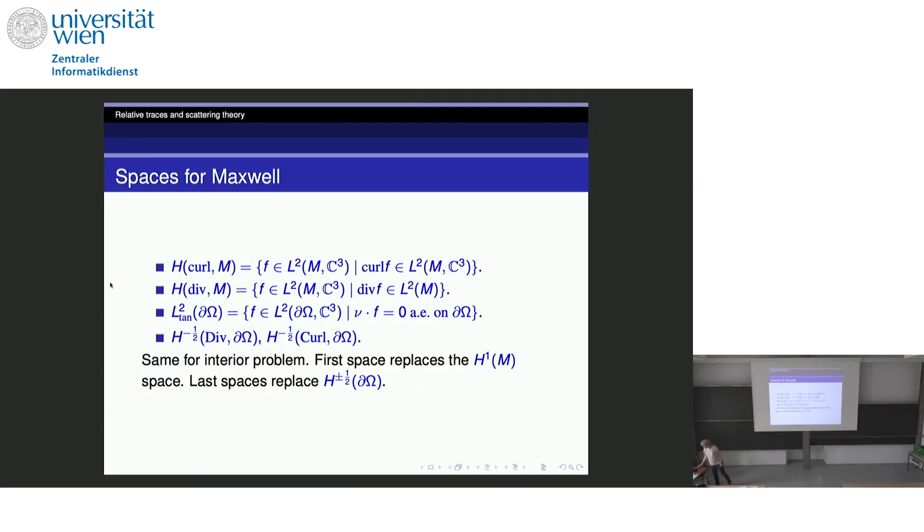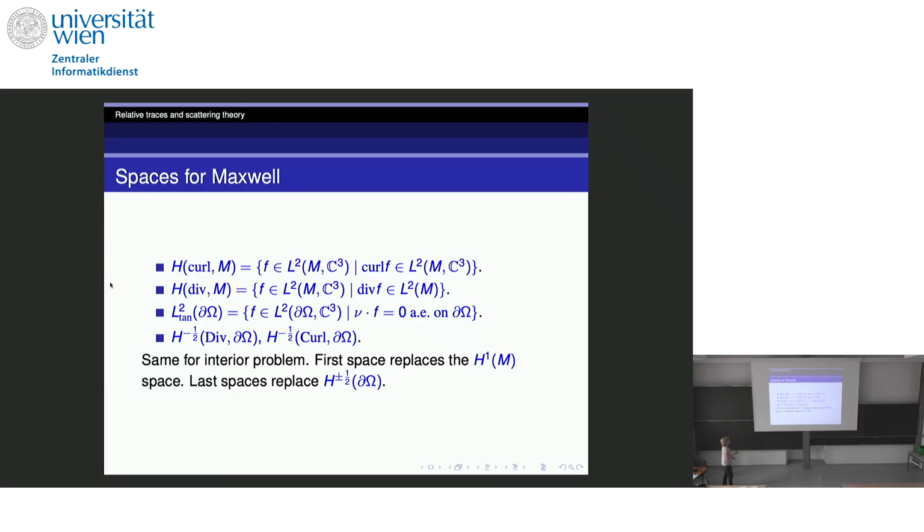So let's start off studying some spaces for Maxwell. Keep in mind I come from a background in harmonic analysis, so I like little technical things. So we start off with this big capital H space. This means that F is a vector field which is in L2, and the curl of F is also in L2.